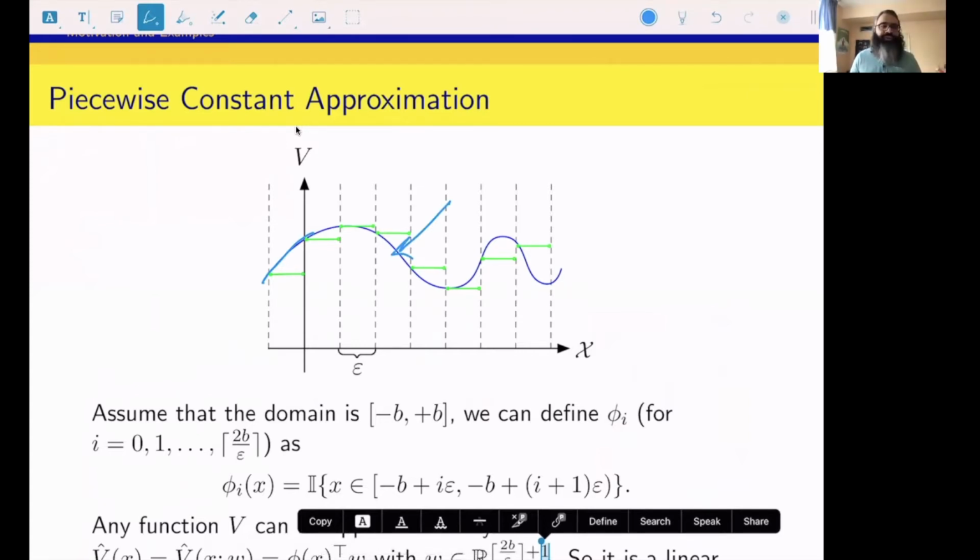It's any function, so it could also be some function like this. But these green functions that are defined by these piecewise constant values are the functions within that function space F. So these are the only things that we can represent.